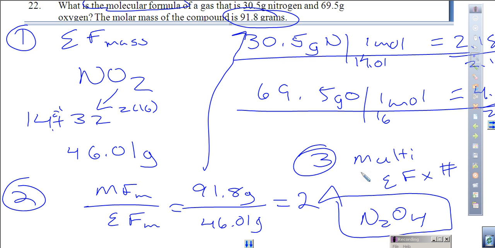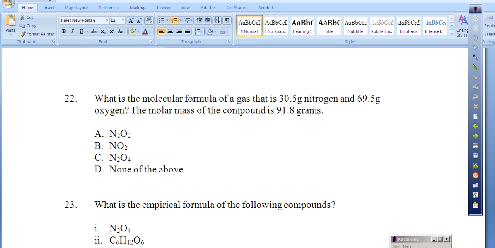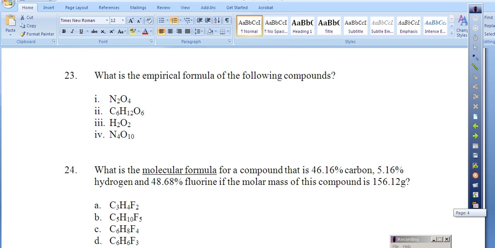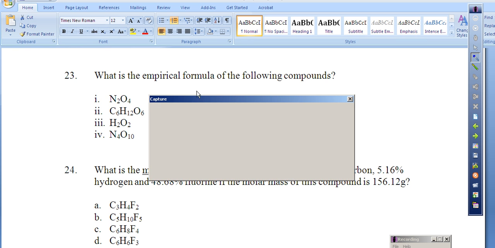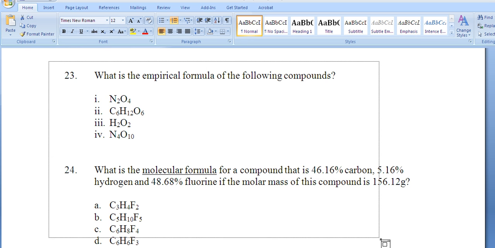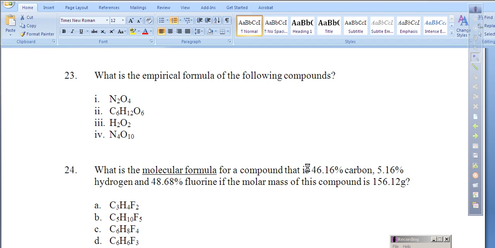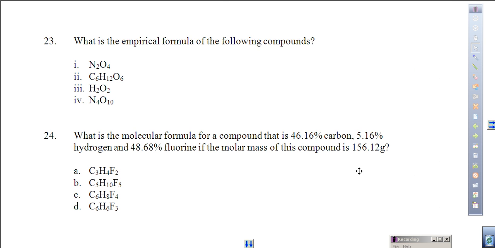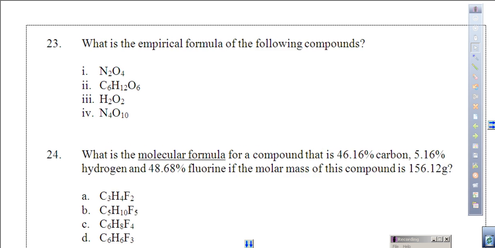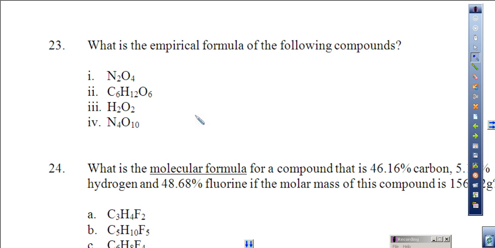All right, so let's look at 23. What is the empirical formula of the following compounds? All right, so basically what you're doing, if you have the molecular formula, you find the empirical formula, what you do is you just divide by a common denominator.